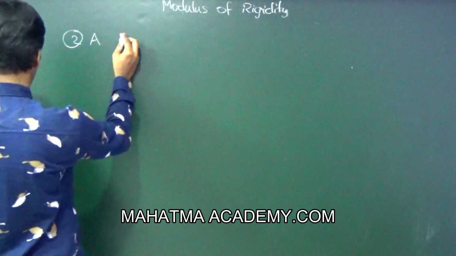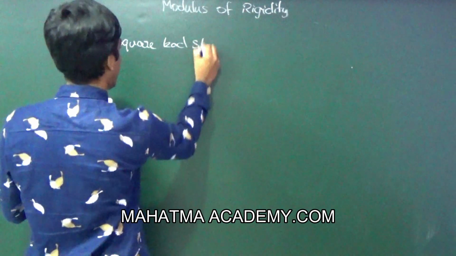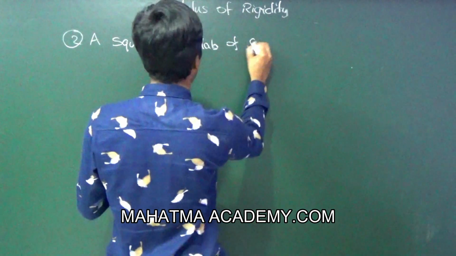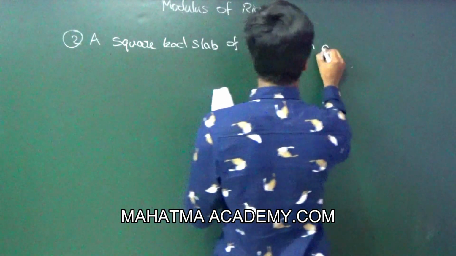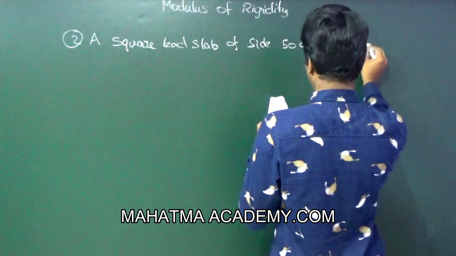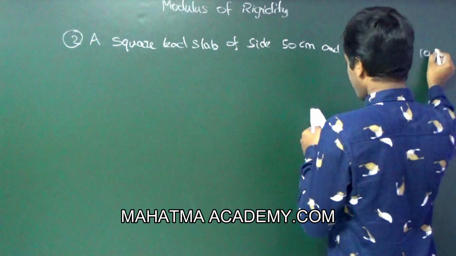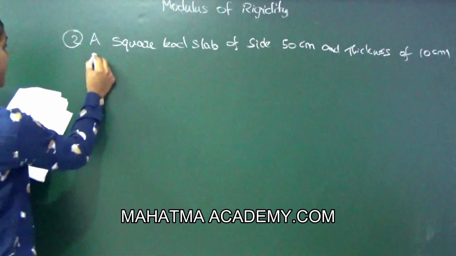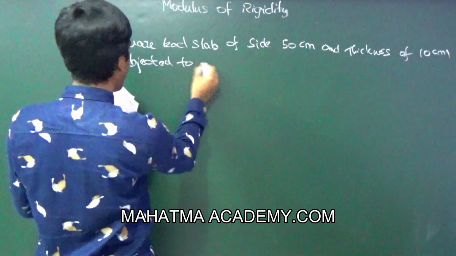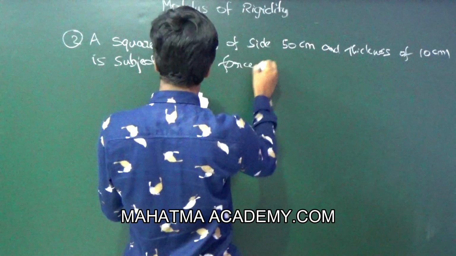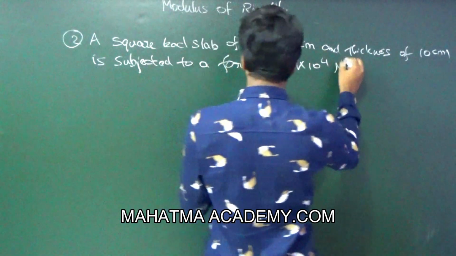A square lead slab of side 50 centimeter and thickness of 10 centimeter is subjected to a force of 9 into 10 to the power of 4 Newton.